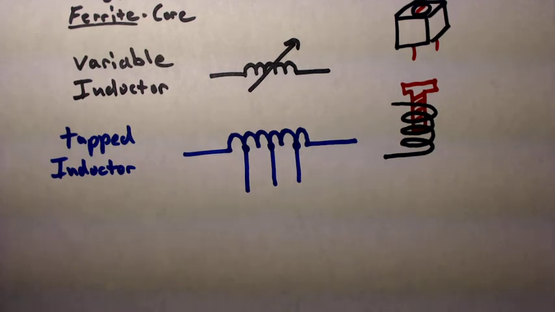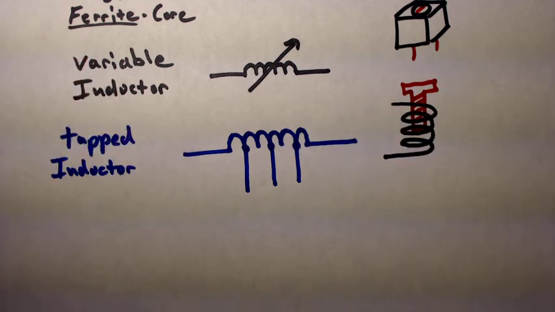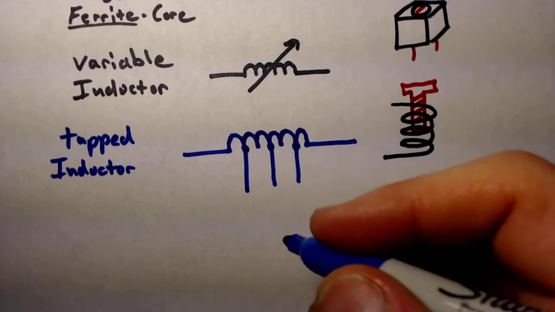If you go online and Google tapped inductors, this is used a lot for microwave radio circuits and some more advanced circuits like that. And they'll actually have a giant coil with taps coming out of it. So this is another type of inductor.